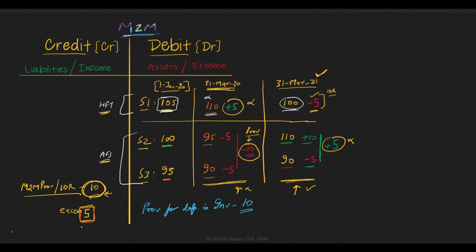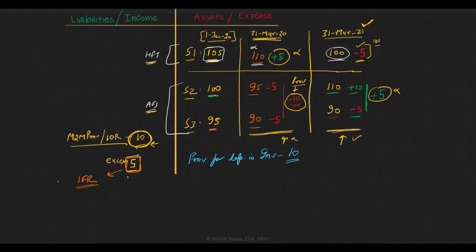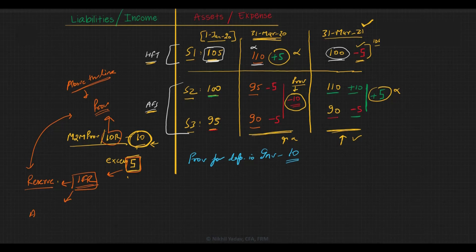What we can do with this excess 5 is we can convert it into IFR by reversing it. But the point to remember here is that IFR is a reserve, whereas IDR is a provision. So both are not comparable. This is an above the line item or a provision, whereas IFR is created out of appropriation, or it's a below the line item.